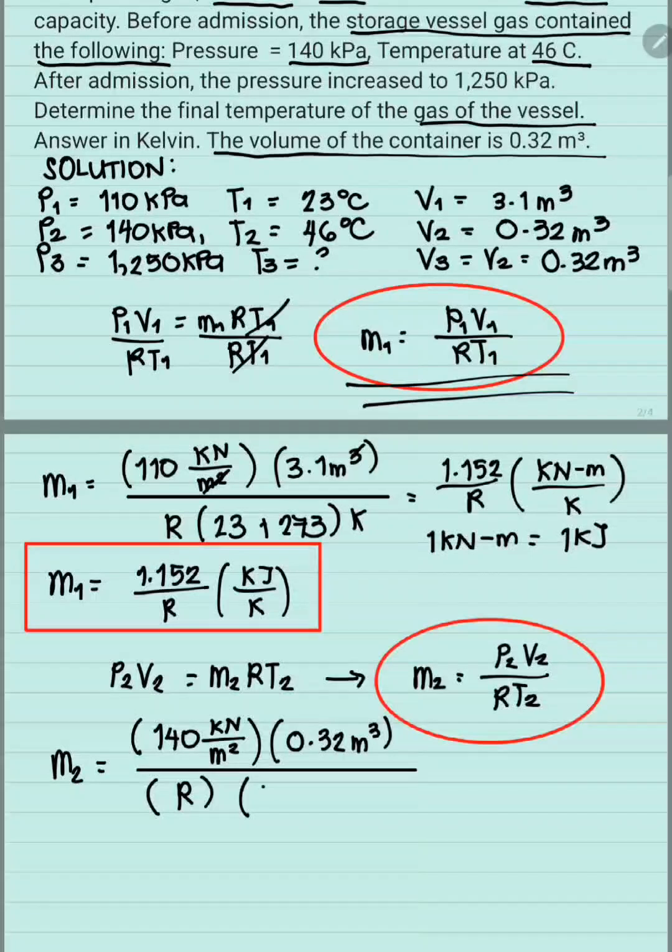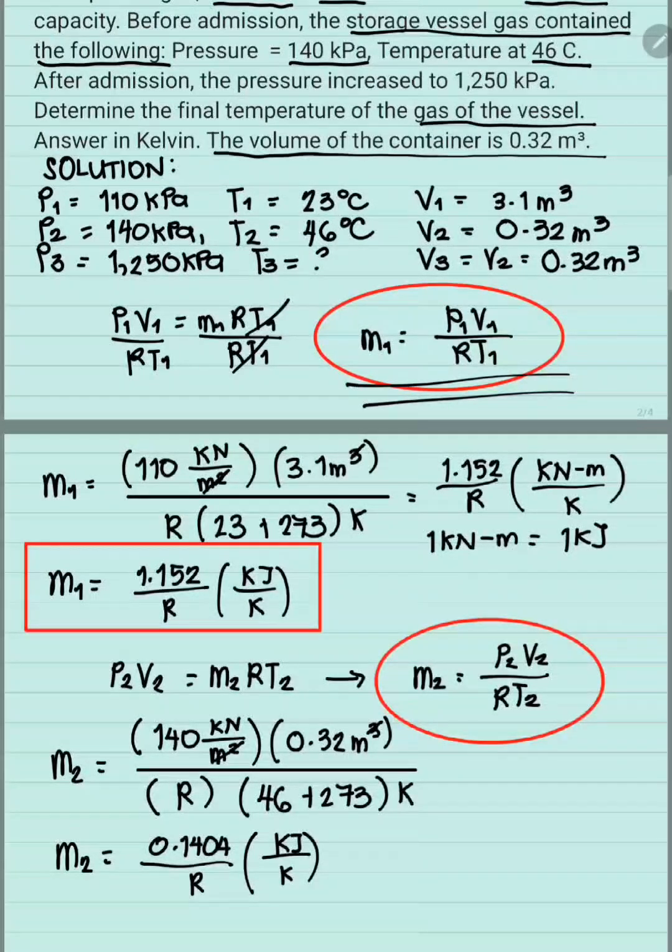And we have 46 plus 273. To make it absolute, let's make it in Kelvin. Cancel the cubic meters, it will become meter, and we are left with kilojoule over Kelvin and R. So as we input this in the calculator, we will get 0.1404 over R with the unit of kilojoule over Kelvin. We have our M1 and also the M2.